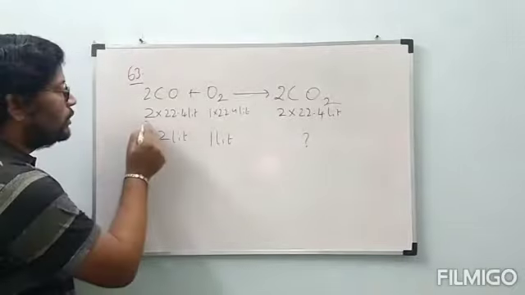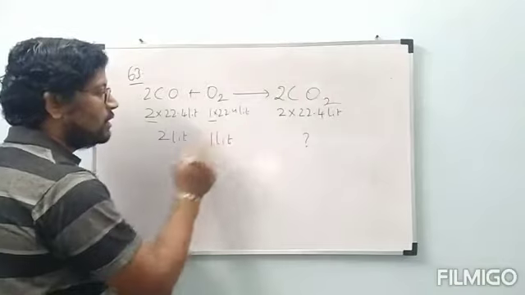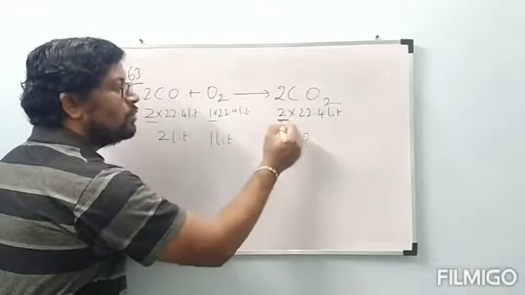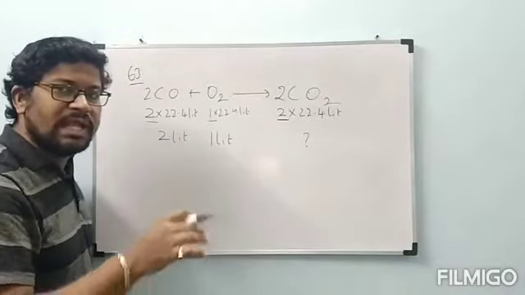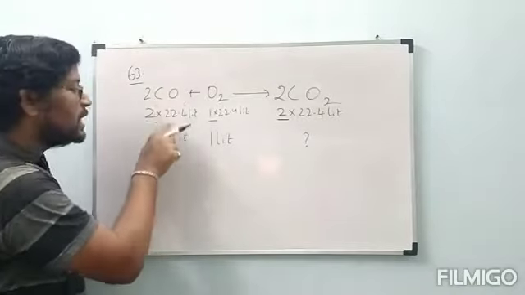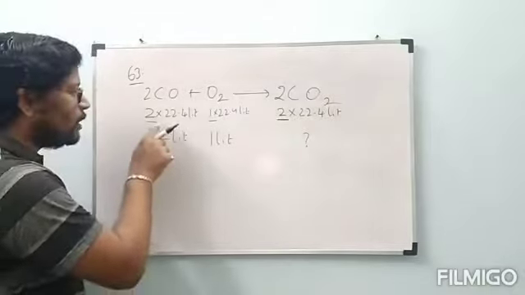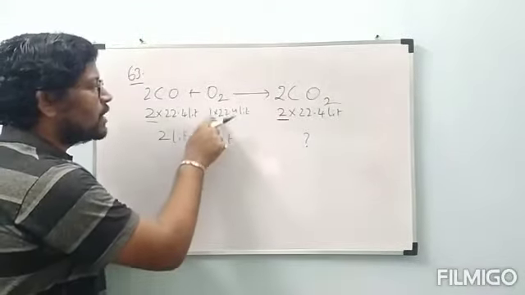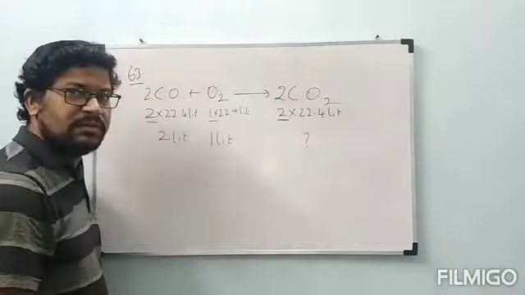That's why 2 volumes of carbon monoxide react with 1 volume of oxygen to form 2 volumes of CO2. I just combined it as volume, because everywhere 22.4 is common.